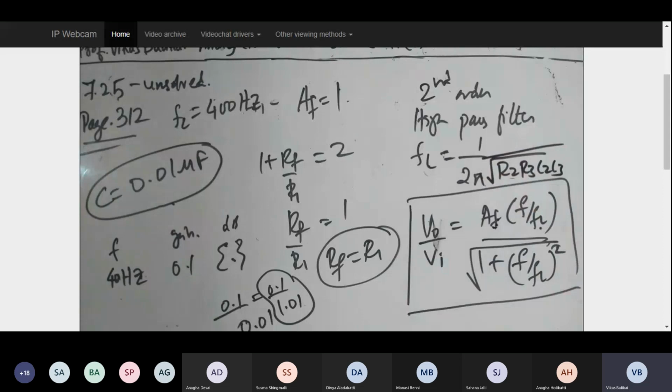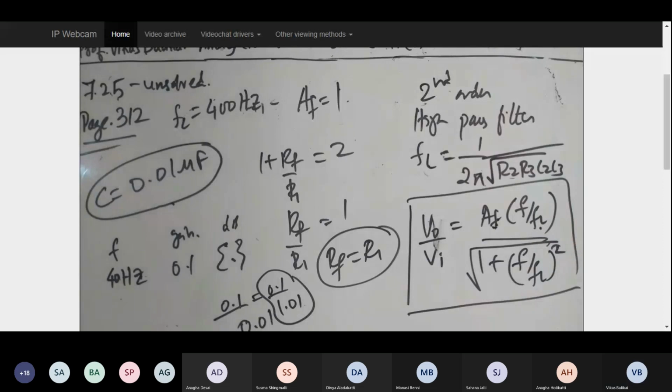Here also you assume C1, C2 equal to C3 equal to 0.01, and accordingly you can calculate the value. Most of the cases they will be usually giving the values, and one such example which I am going to give in the form of notes or in the form of assignment, wherein C2, C3 and R2, R3 values they will be giving.